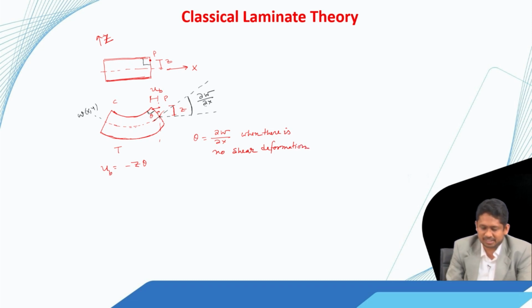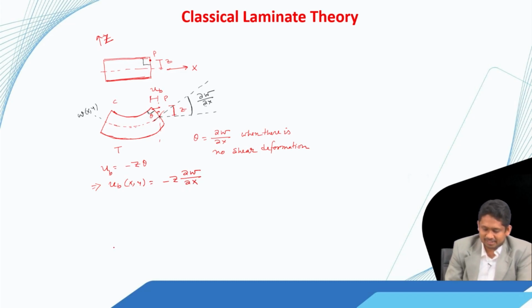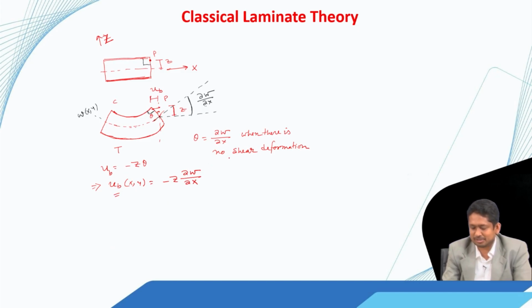So, u b as a function of x and y is minus z into del w by del x, and this is a very important kinematic result, which comes from this assumption of no shear deformation.